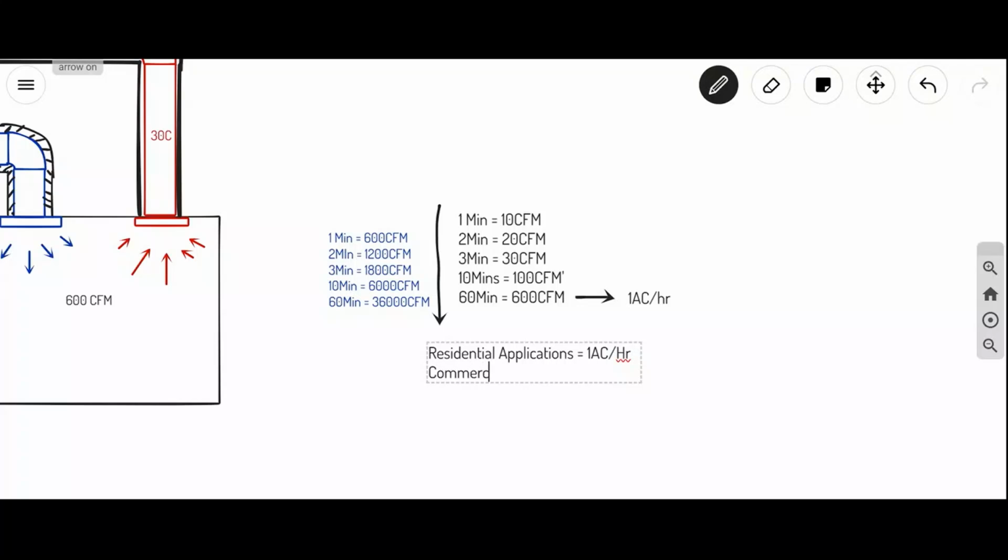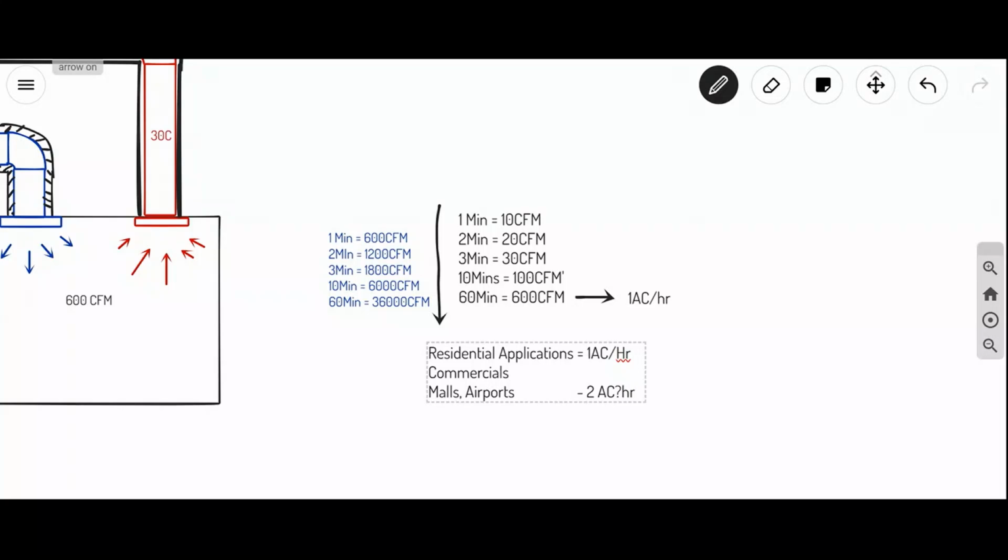Commercial places like bars, malls, airports require 2 air changes per hour.